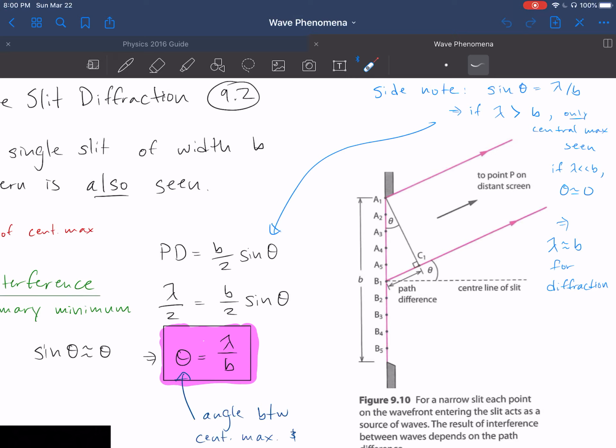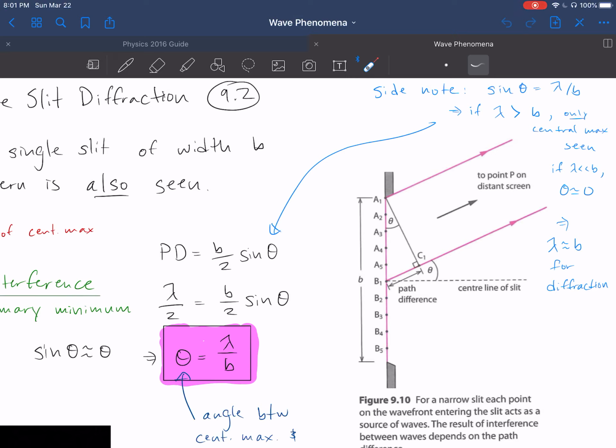In this particular equation, you can see that if lambda is bigger than b, because sine theta equals lambda over b, notice we're using sine theta because it is more correct, and we're going to consider large thetas here, then sine theta would be bigger than 1. That's impossible, and so you can only see the central maximum if the wavelength is smaller than the slit width.